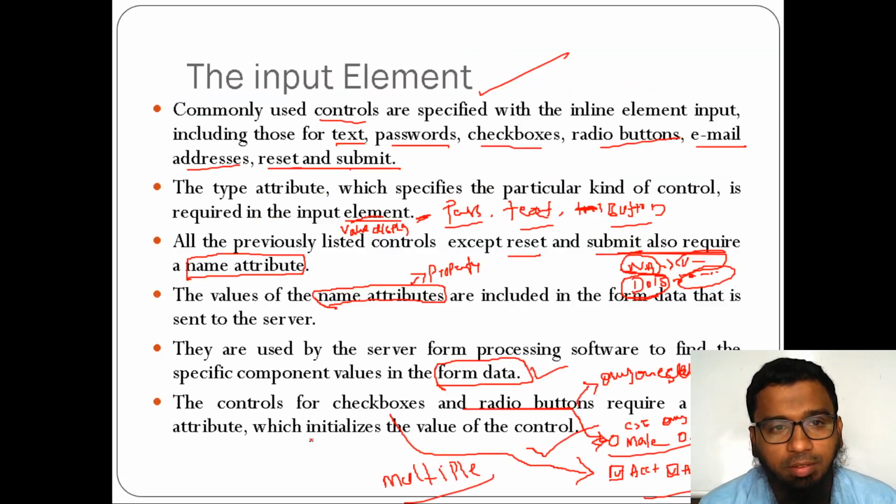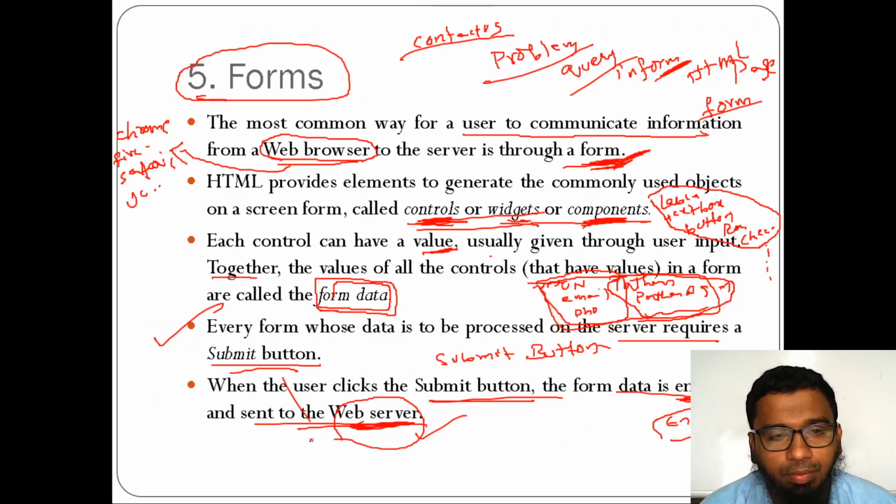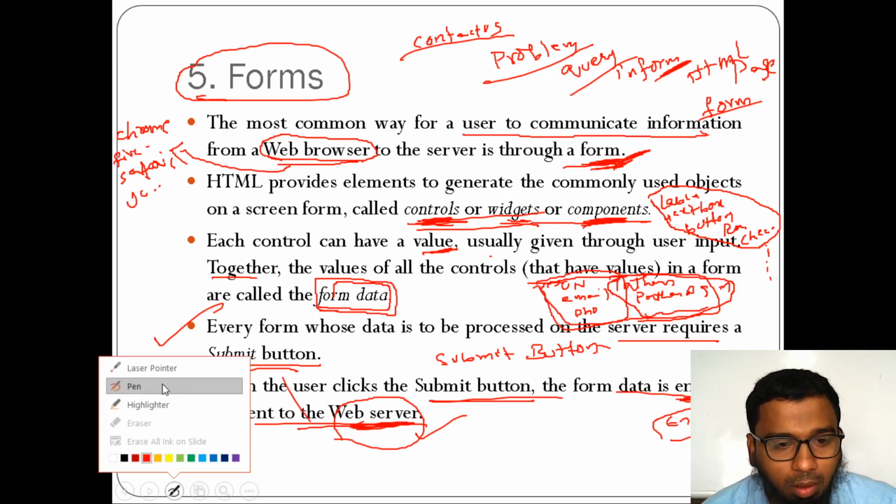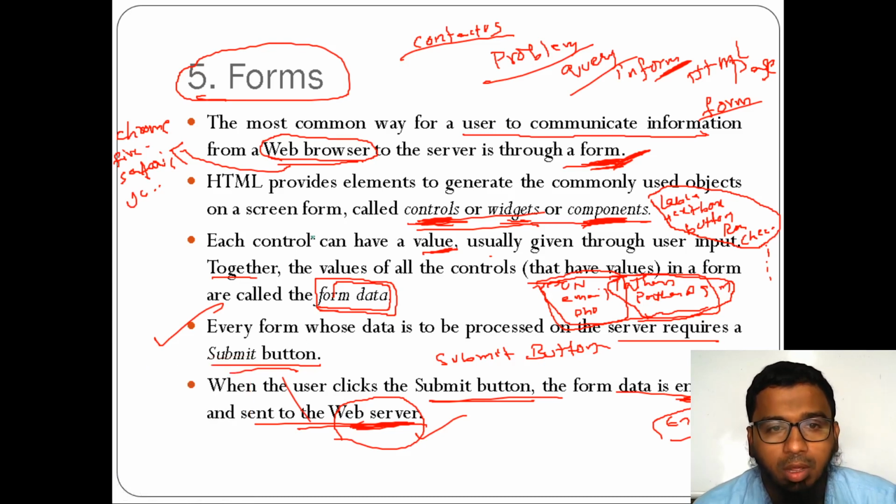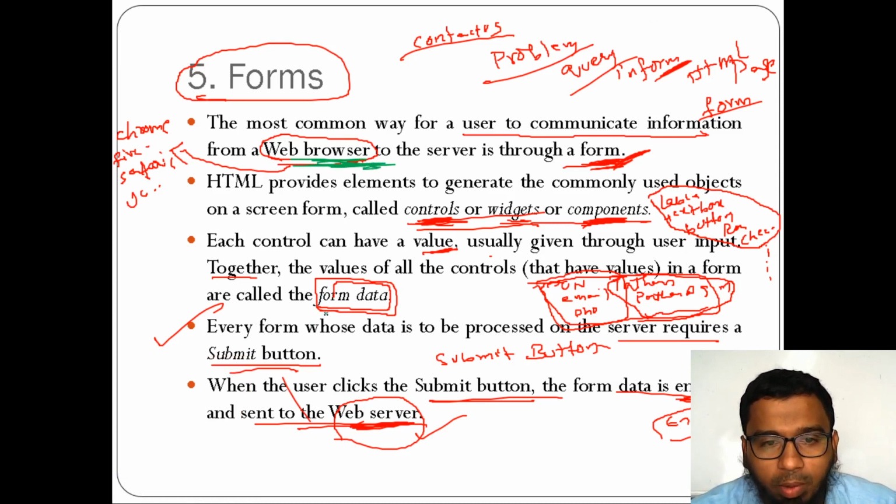Go back here. In the last class, we studied about the form, how to make the form, and what is a web browser. We saw the form data, and we saw the web server.